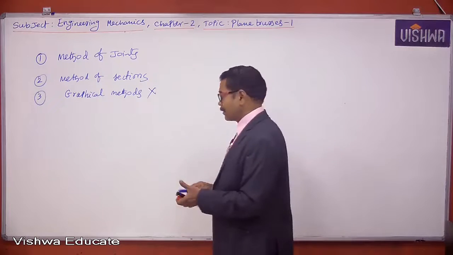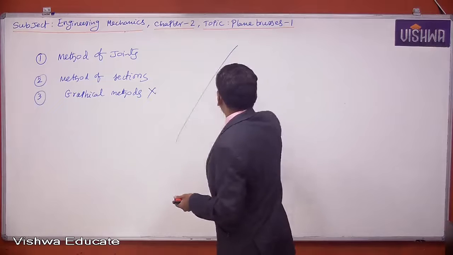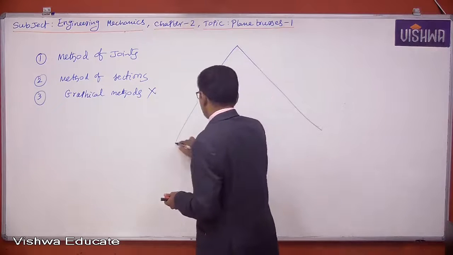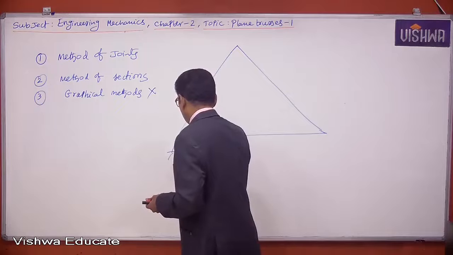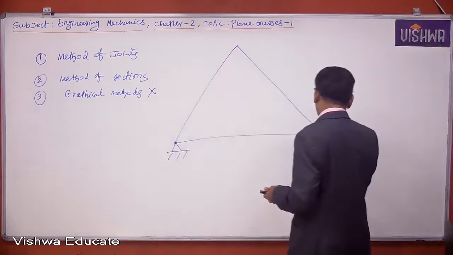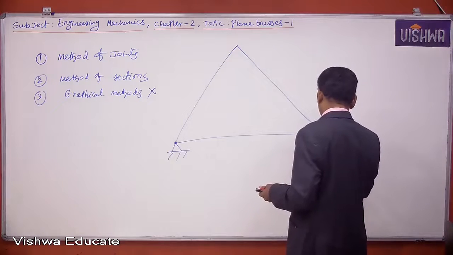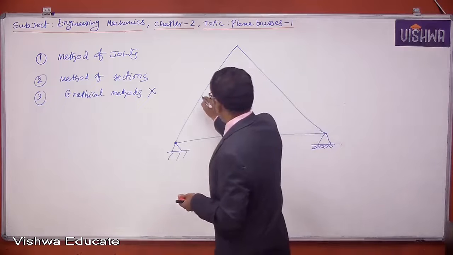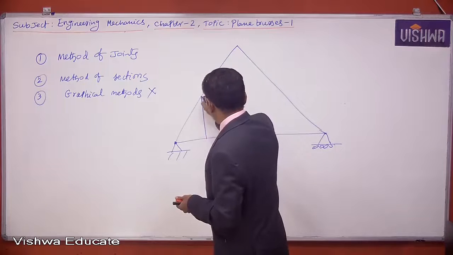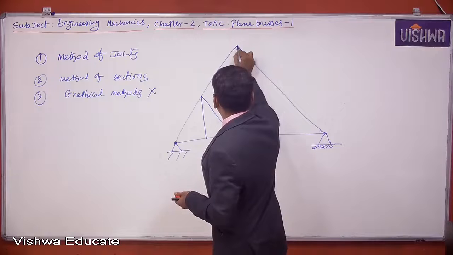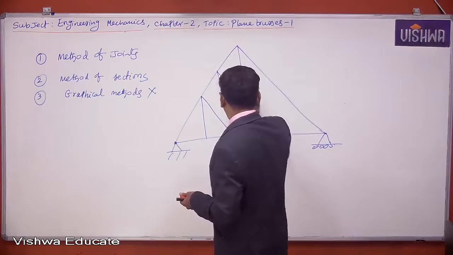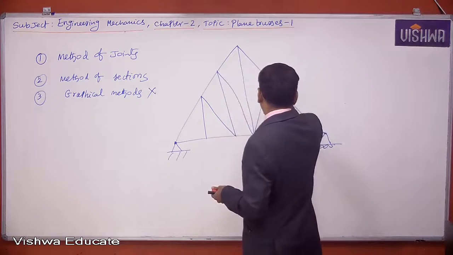One example here. So I may form a truss here like this. Here one support is there, and here another support is there, and this is one member, again one more member, again one more member, and again one more member like this.